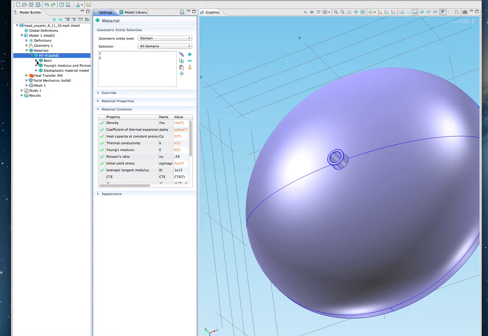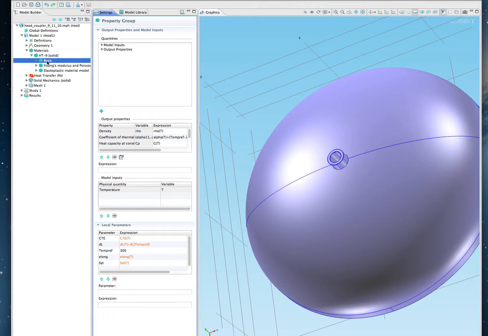And we were able to input the properties of the alloy in here, because we wanted to have basic properties for heat transfer, for example, like you can see the density, the coefficient of thermal expansion, heat capacity, and these properties actually have expressions, so you can write expressions.